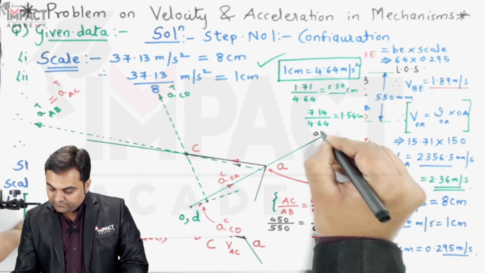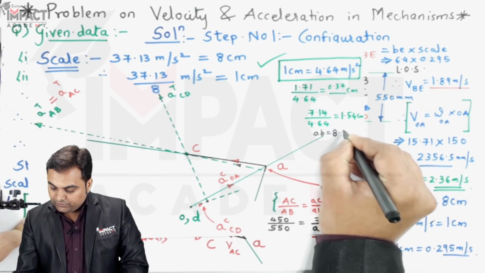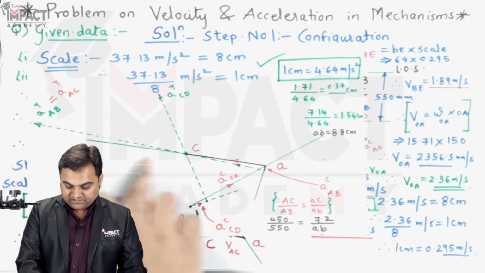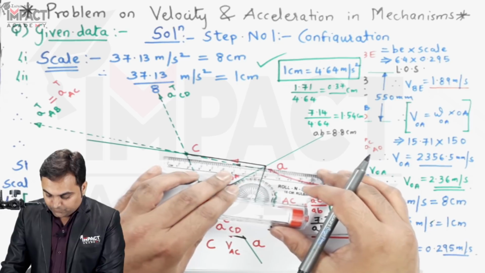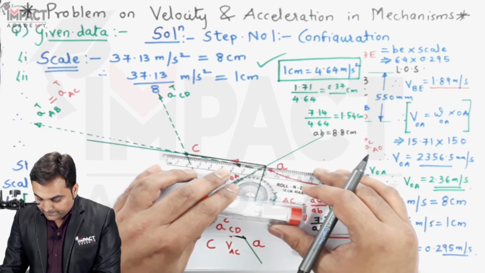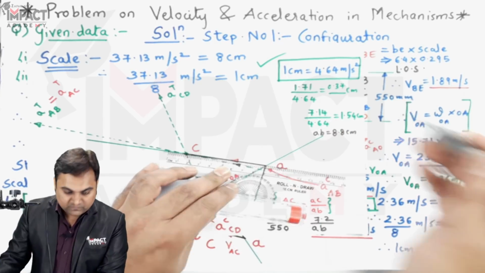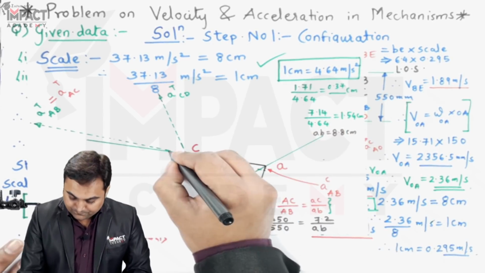That is AB distance, I am getting it as 8.8 centimeter. So on this same line I have extended it, measuring the distance 8.8 with respect to point A. This gives me point B.